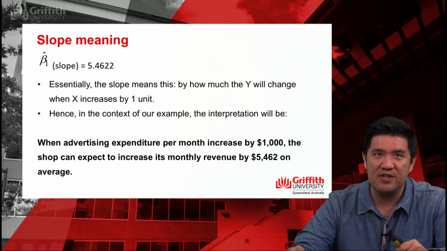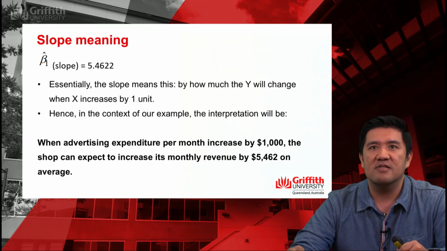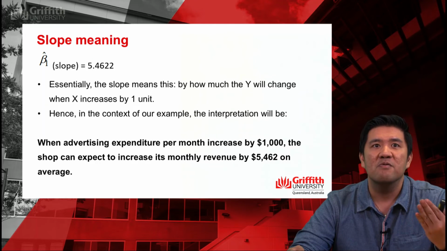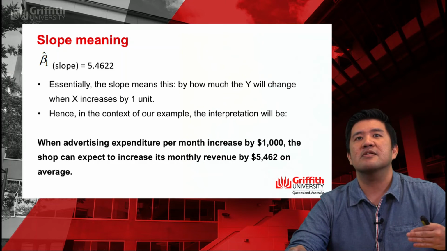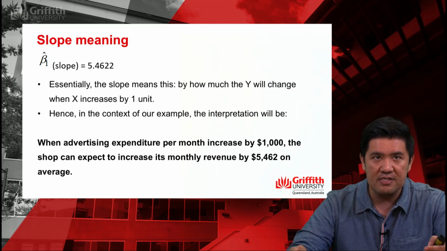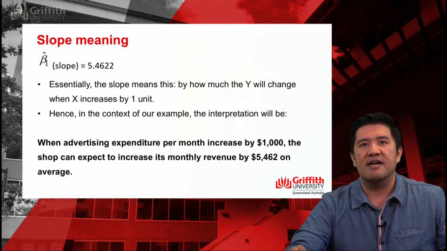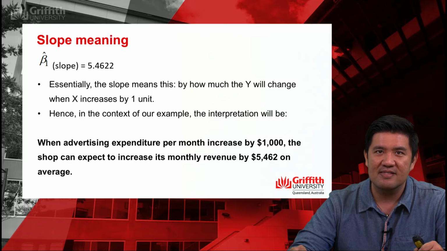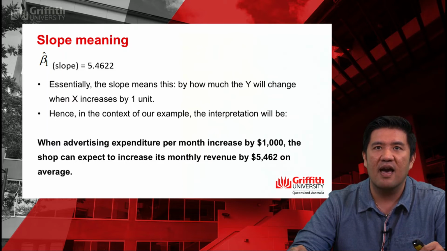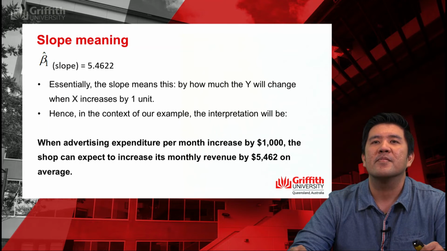The interpretation of the slope in the context of our example would be this. When advertising expenditure per month increased by $1,000, the shop can expect to increase its monthly revenue by $5,462 on average.